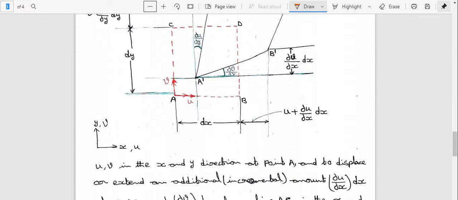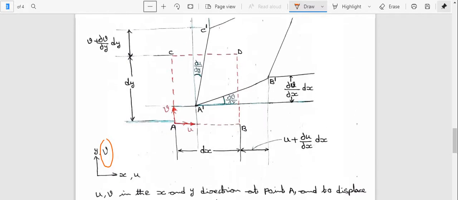Here I am considering one plane, that means the x and y directions. The displacement along the x direction, the horizontal displacement, is represented with u, and the vertical displacement along the y direction is represented with v.